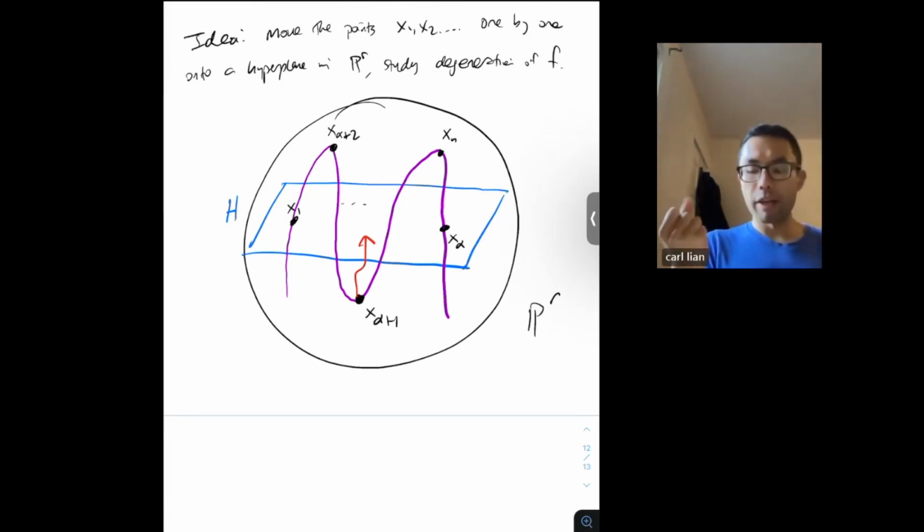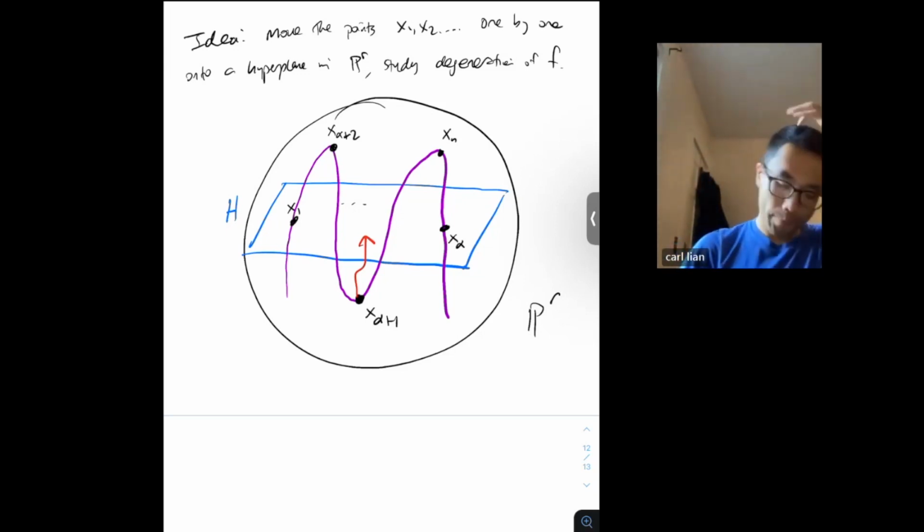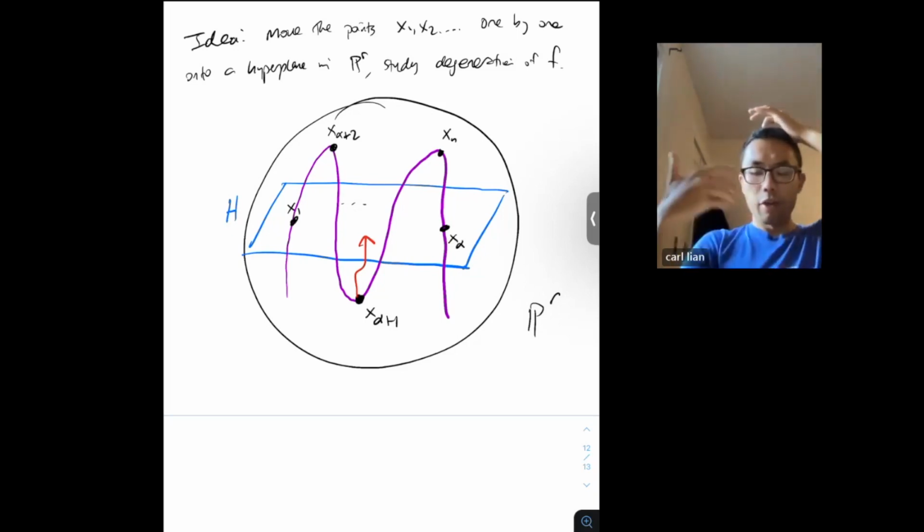One thing that can happen is I can just move my point x alpha plus 1 onto H, and then everything stays the same. I still have this purple curve, and it's still passing through all n points, and in particular, if it's passing through a bunch of points that are not on H, that's telling you that this curve is intersecting H transversely. So one thing that can happen is I could just redraw this picture, but put x alpha plus 1 on H.